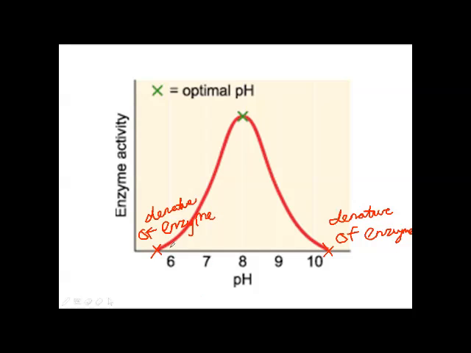So there's denaturation of the enzyme on both sides of the bell curve, at both extremes.